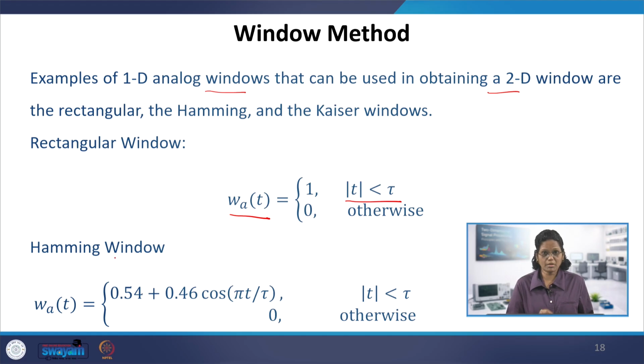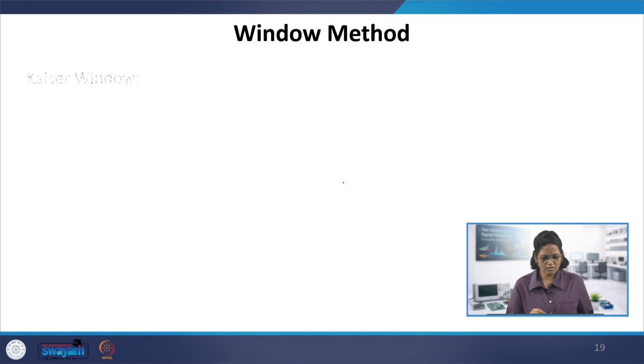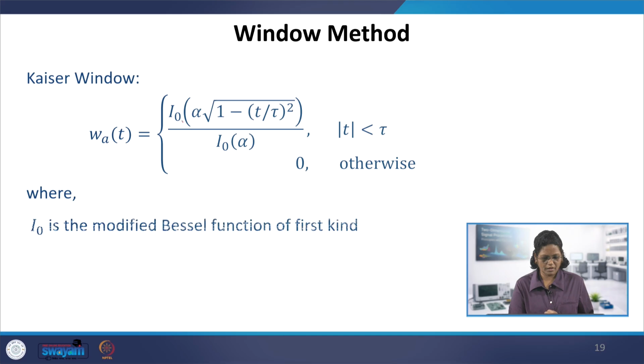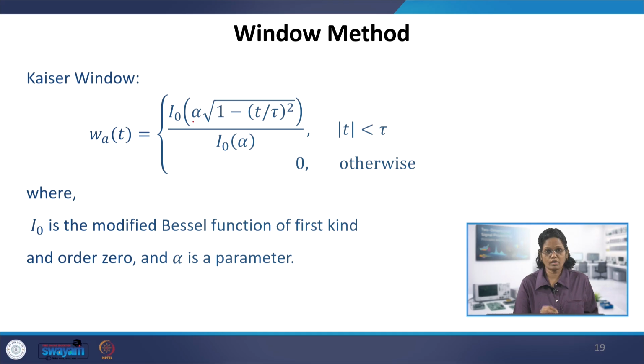And the Hamming window equation is known: 0.54 plus 0.46 cos of pi t by tau, where t is less than tau, otherwise it is 0. And the Kaiser window, similarly, involves a Bessel function again, I0, the modified Bessel function of the first kind of zeroth order, and alpha is the tunable parameter.